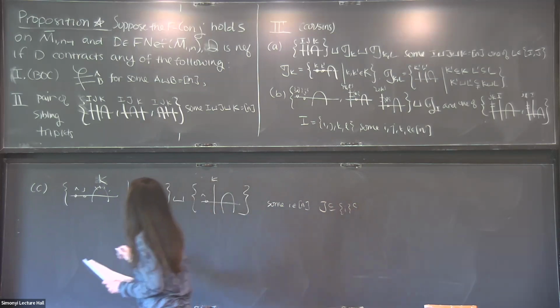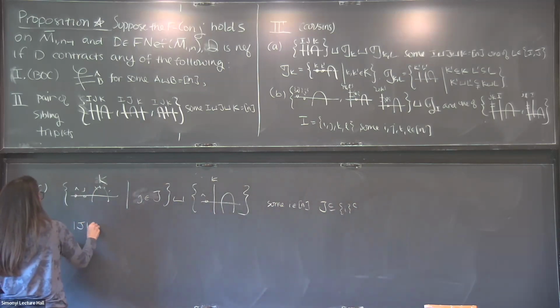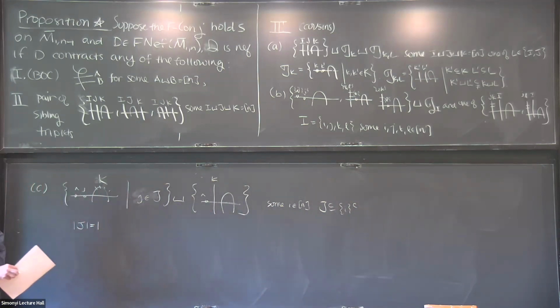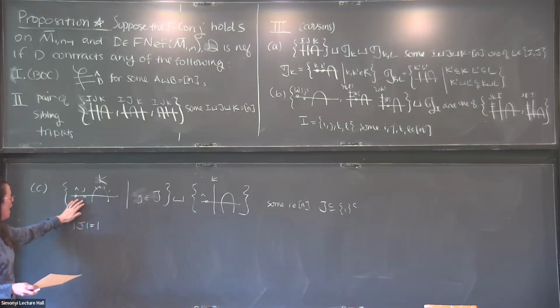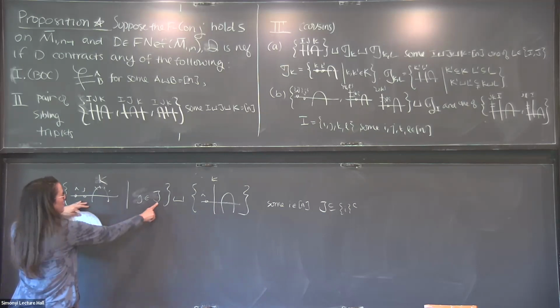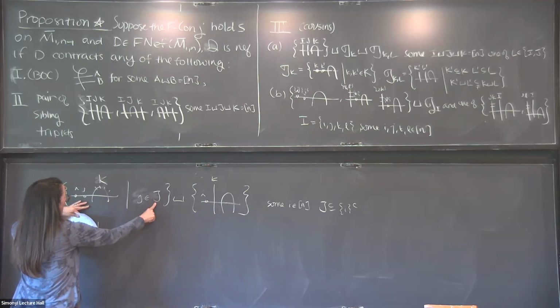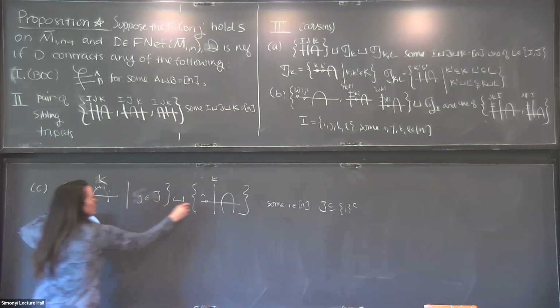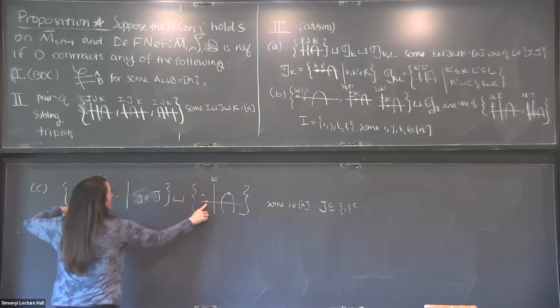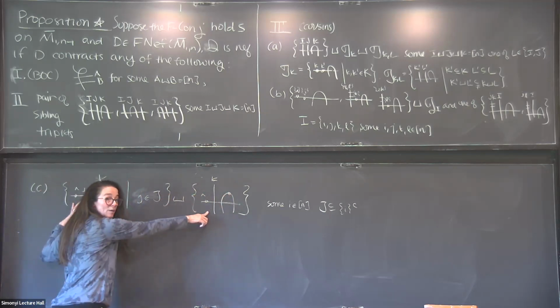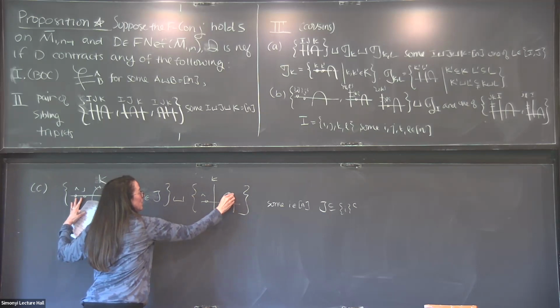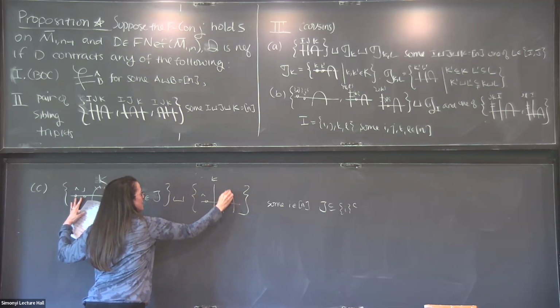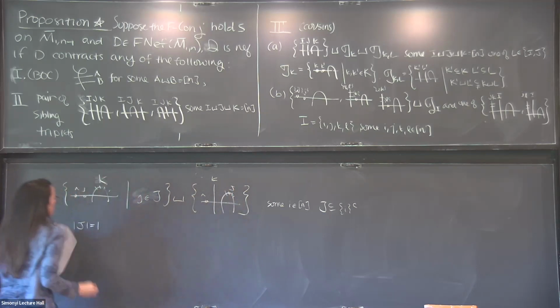If we took just J to have one element here, these would be sibling triplets. If this set had just one element in it, then we would just be switching which ones we use. But for bigger than that, they're not sibling triplets.